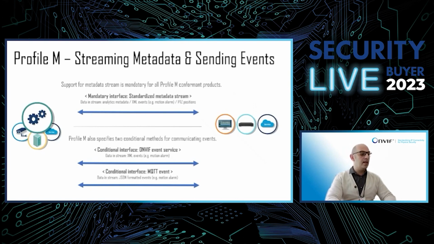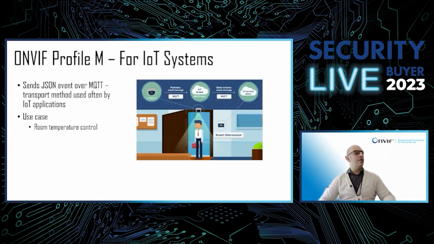So you can utilize, again, as I mentioned before, MQTT to communicate your events between an ONVIF conformant device and an IoT system. An example of such integration could be that the camera recognizes a person in the premises, and it sends a JSON event over MQTT to an IoT application that could then control the temperature in the room based on, for example, the number of people entering the room.